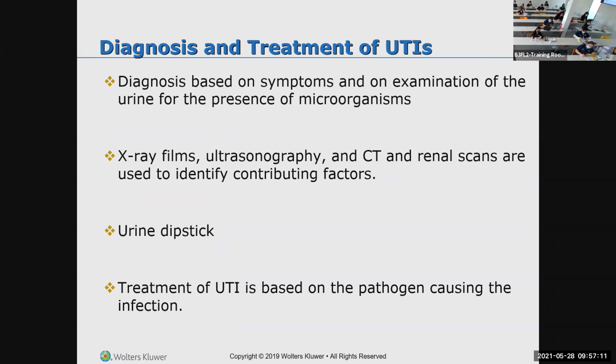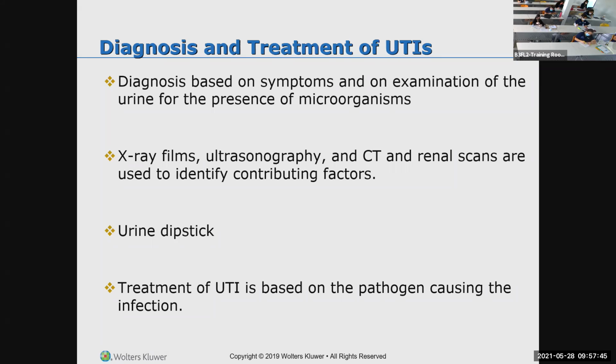Diagnosis and treatment of UTI. So how do we diagnose? Diagnosed based on the symptoms, patient presentation, and on examination of the urine for the presence of microorganism. Most common microorganism, I said what? E. coli. Very good. Now, we do have a tool, not only urine examination, we do perform X-ray.